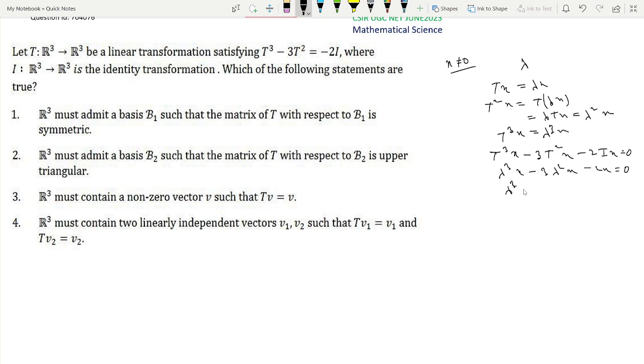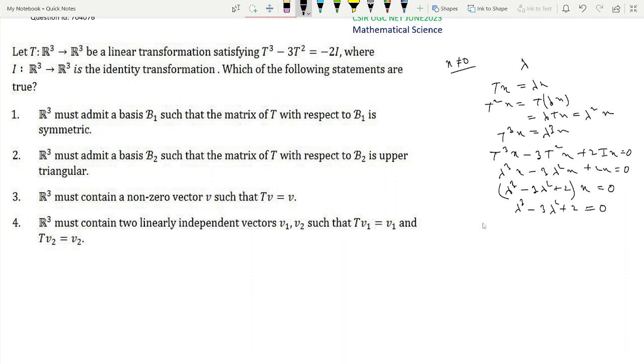That means lambda cube minus 3 lambda square, sorry, this will be plus 2I. So this is plus 2 into x equal to 0, and since this x is a non-zero vector, this scalar must be 0. So lambda cube minus 3 lambda square plus 2 equal to 0. So that means if lambda is an eigenvalue of this operator T, then lambda must satisfy this equation.